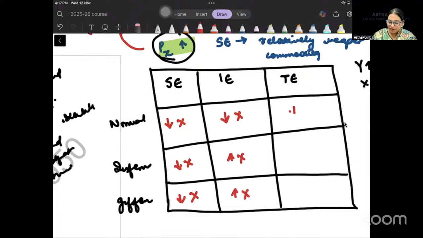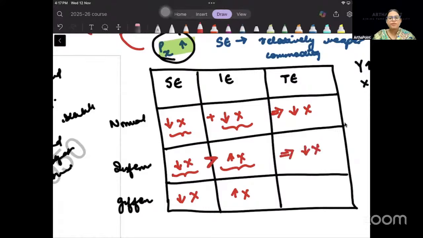The total effect: for a normal good, this decrease plus this decrease is a decrease. For an inferior good, this one decreases, that one increases, but this effect is larger. Substitution is more than income, so you will decrease. And for a Giffen good, income is more than substitution, so you will increase.